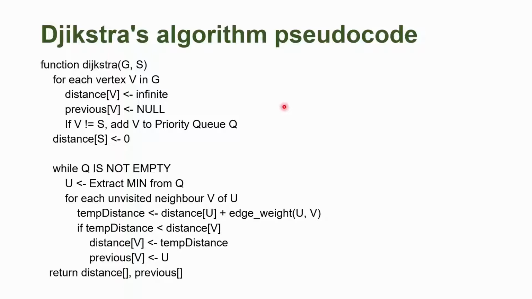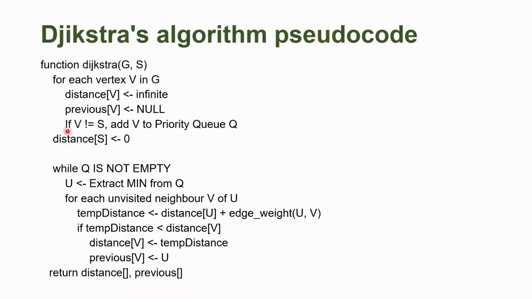So here is the pseudocode. We declare a function, Dijkstra's, with parameters G and s. So for each vertex v in G, meaning the graph, the distance should be set to infinity, and the previous vertex should be null. From the example, we understood why we should put this at infinity.